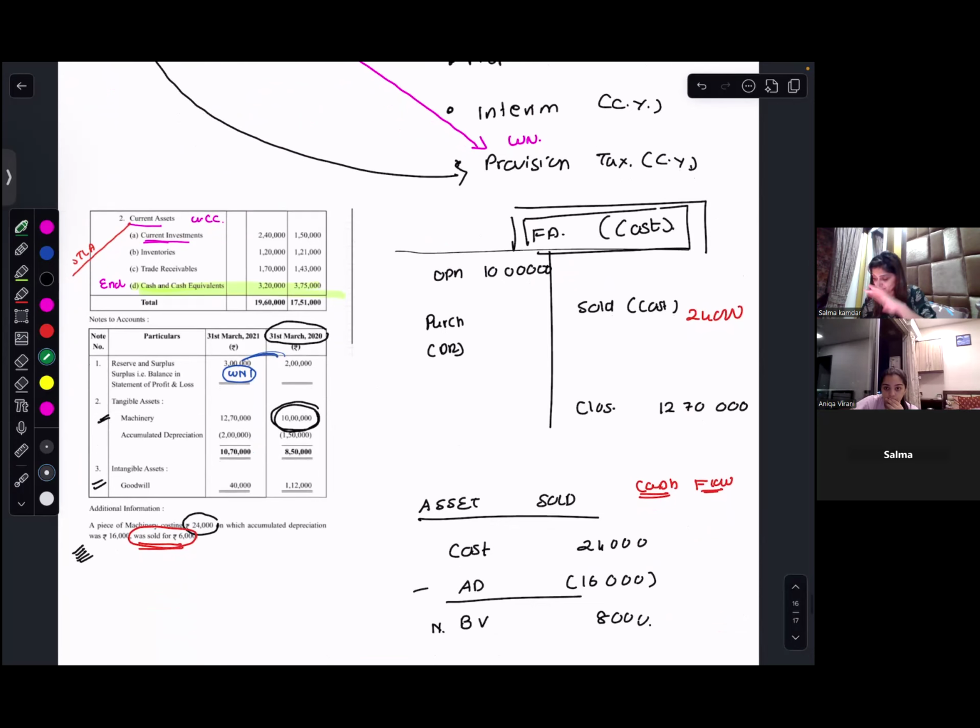Now, in the machinery account, I will get only four things when I'm maintaining it at cost. Whatever I get as my balancing figure is purchases. So that is 1270 plus 24, what is it? 1294. Where do we record it?